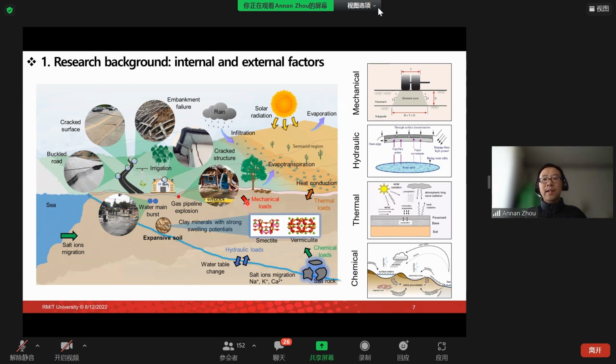The key internal factors include mineral types, interlayer cations, and microstructures. The key external factors include stress level, pH, water content, temperature, and salt concentration. So what we call THMC loads.